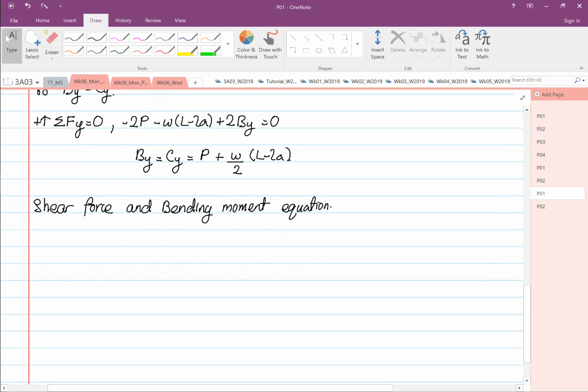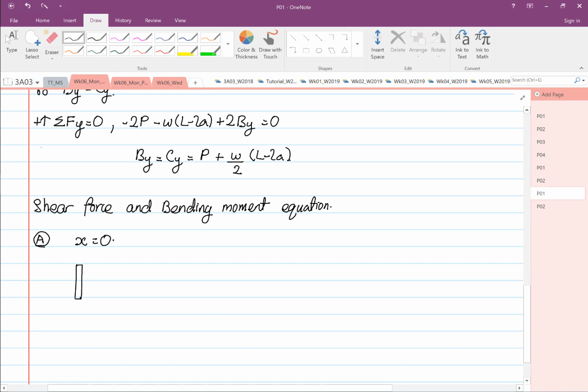So if we just consider point A, okay, so this is point A, where x is equal to 0, right? So it's just a very thin strip, right?